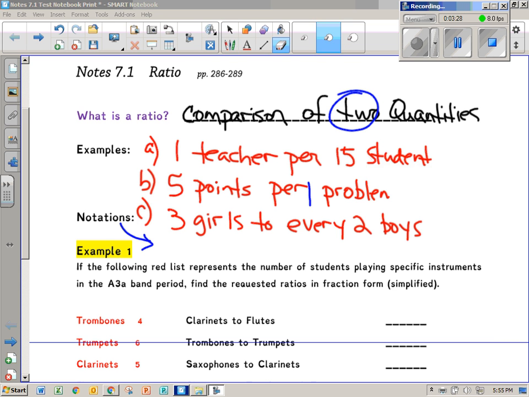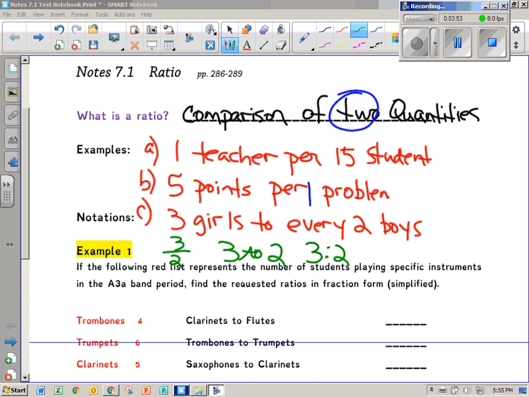So I will put that one right here. So I could say 3 to 2. So I could write 3 over 2, 3 to 2, or 3 colon 2. All of those could be read 3 to 2.